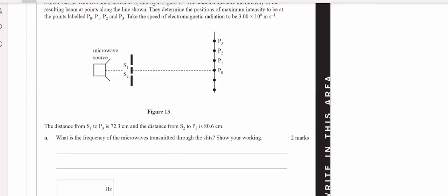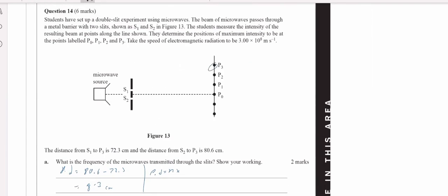The distance from S1 to P3 is 72.3 centimeters. Distance from S2 to P3 is 80.6. We can find the path difference, which is 80.6 minus 72.3, is 8.3. And for this path difference, we can find the wavelength.